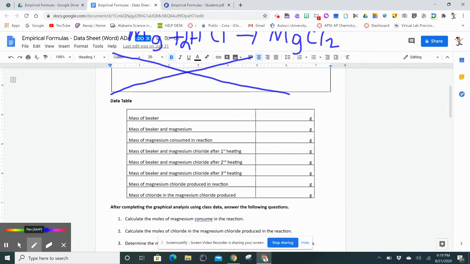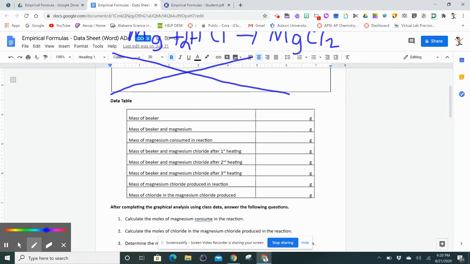Because things can always go wrong in lab, and we want to make sure that we allow for that because sometimes it's not anybody's fault. All right, so your numbers, if you did this in lab, are not going to be like mine, and that's okay. If you did not, we're just going to take one of our sets of sample data and use that as your numbers.